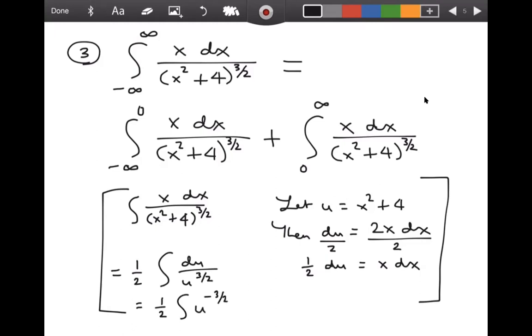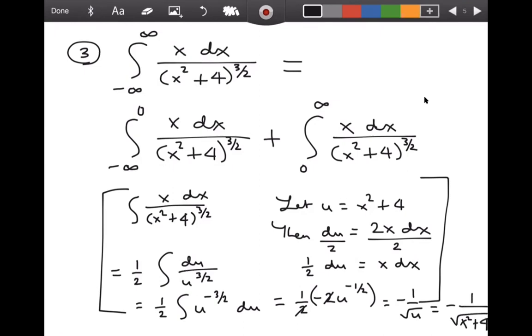And by the backwards power rule, that's going to be u to the negative 1/2 divided by negative 1/2, aka times negative 2. Get rid of the 2, and we're left with negative 1 over the square root of u. But this isn't about u. So the antiderivative is negative 1 over the square root of x squared plus 4.